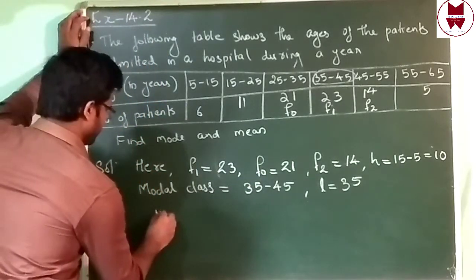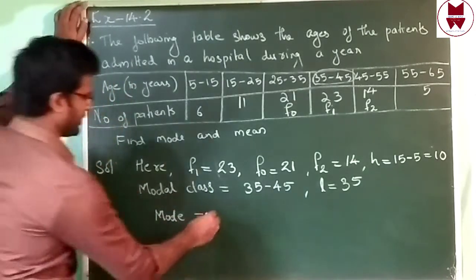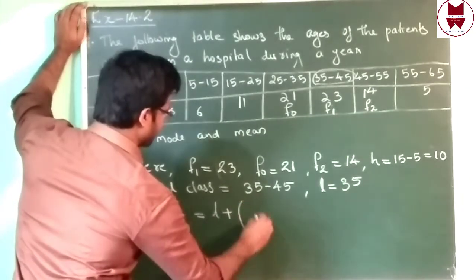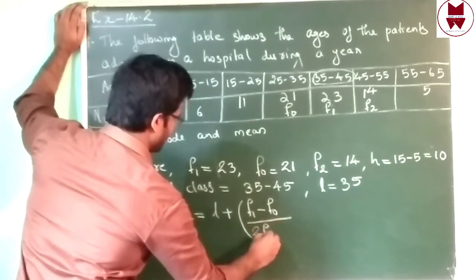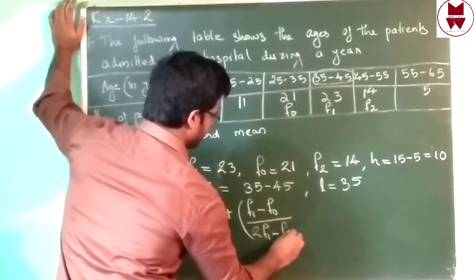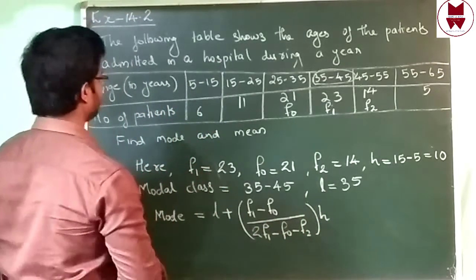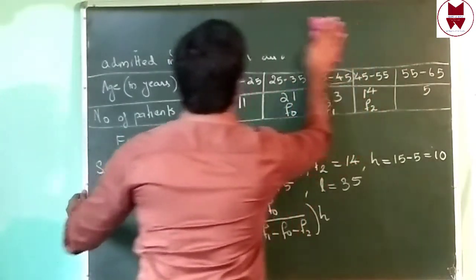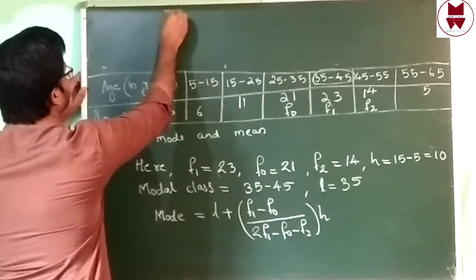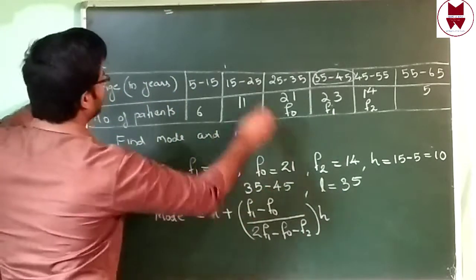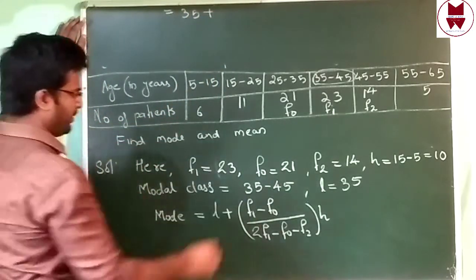We can write mode equal to, the formula we already studied: L plus F1 minus F0 divided by 2F1 minus F0 minus F2, into H. Equal to L, L means 35, plus F1 minus F0.